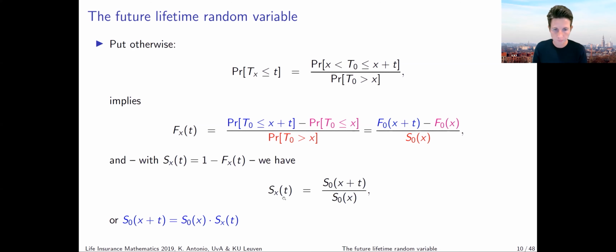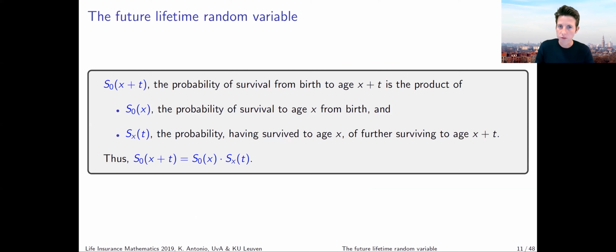The survival function of an x-year-old evaluated in t is the survival function of my 0-year-old evaluated in x plus t, divided by my survival function of the 0-year-old evaluated in x. And I can bring S0 of x to the other side. And then I retrieve an expression that is very useful, which you see here in blue at the bottom of my screen. I also summarize that as a very important expression, summarized on the next sheet.